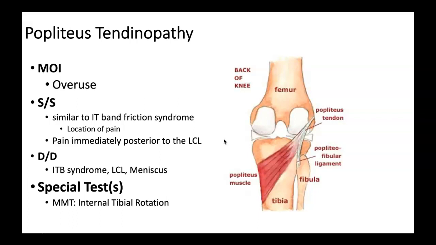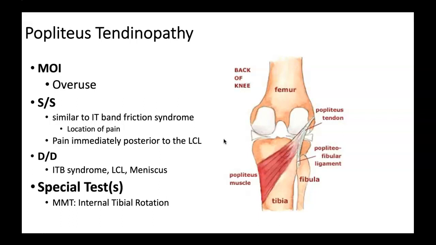So in terms of signs and symptoms, they're similar to IT band friction syndrome in terms of the location of the pain. But essentially, I think the biggest differential probably is going to be where the pain is located. So it's going to be a little bit more posterior when compared to the IT band, where the pain will be directed more laterally.